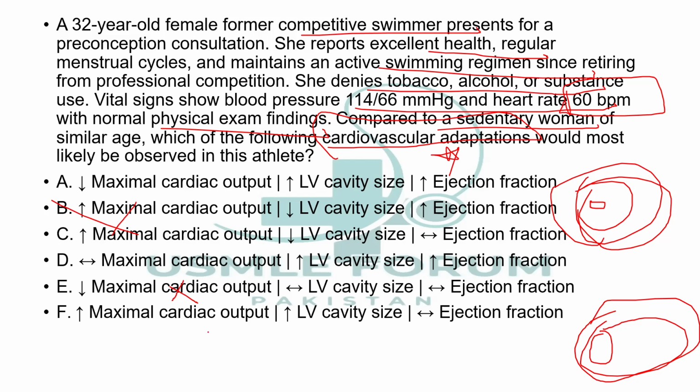Pathologies and physiologies, it remains the same. Because this is not a heart failure, we are just going to cancel out the options that have a change in ejection fraction, because if more blood is coming in, more blood is going out, so the fraction remains the same, right? And this is a physiological process, this is not a pathology, so you have to keep in mind that this is physiological.